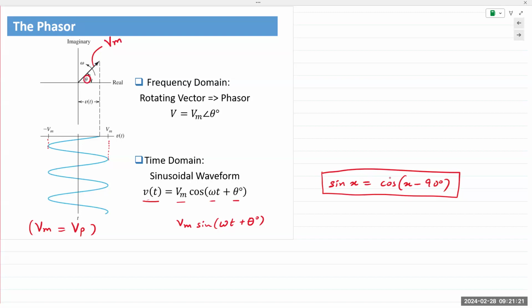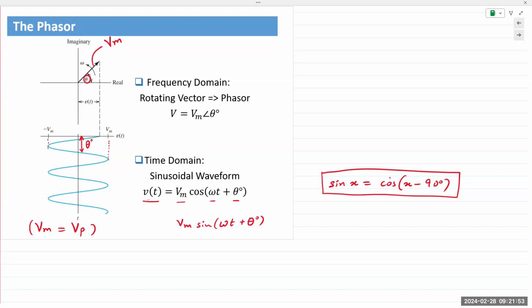That angle is the phase difference. If the sinusoidal waveform started at 0, 0, then the phase would be 0. The vector would be lying on the x-axis with a phase angle of 0.